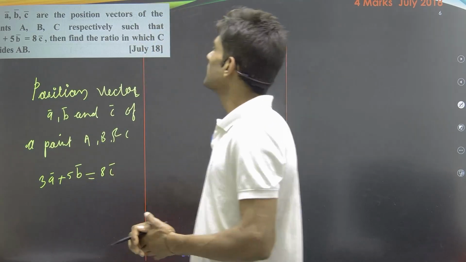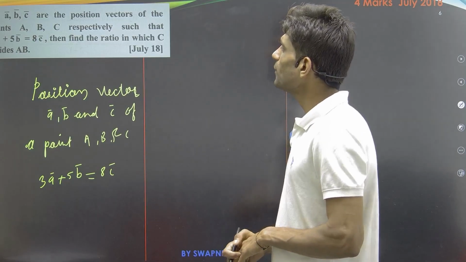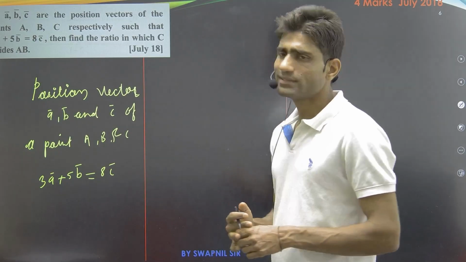Then we want the ratio in which c divides line segment AB.